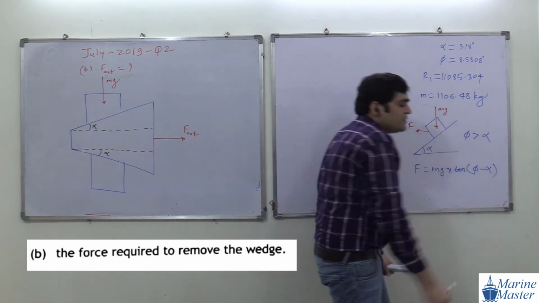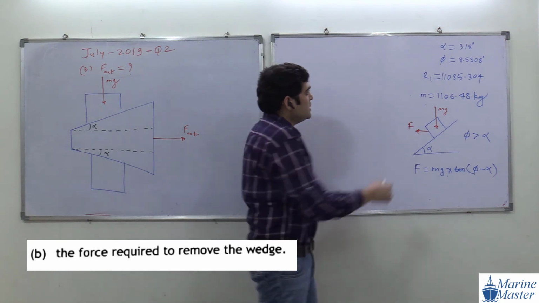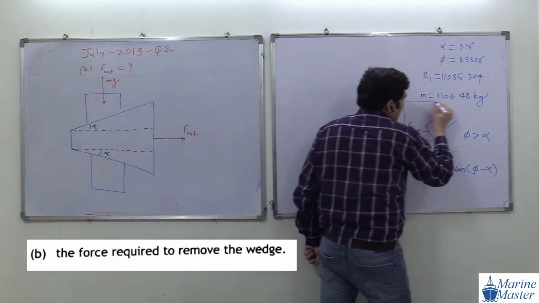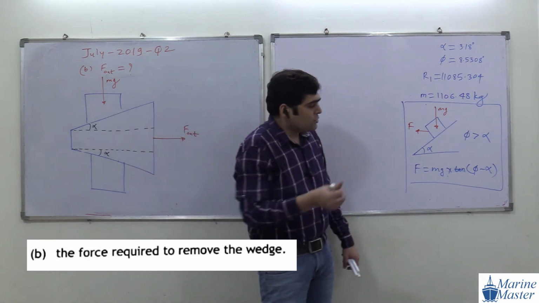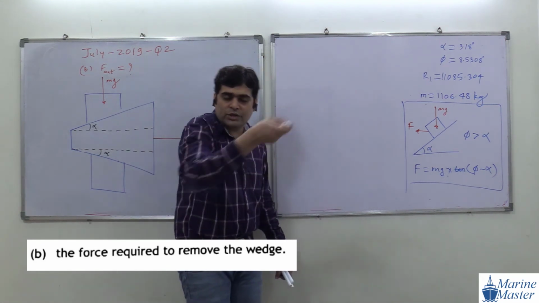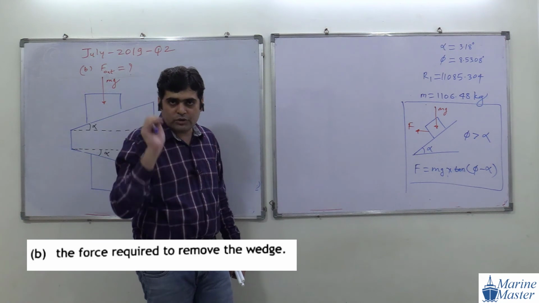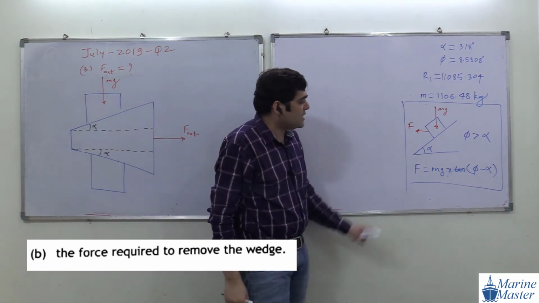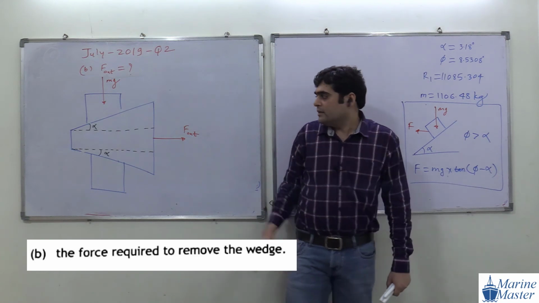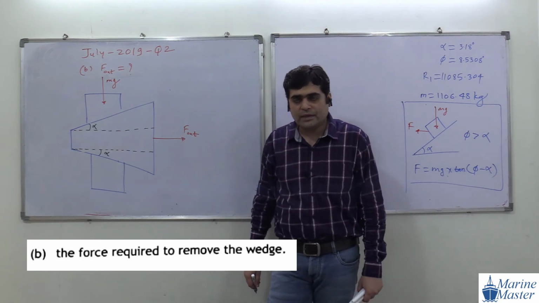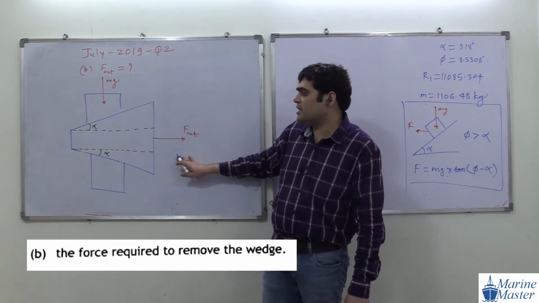This is case number 4 of horizontal force that we have seen. So whenever we want to move the object down the plane, F will be equal to mg tan of phi minus alpha. The same scenario will be here also, for the F out.